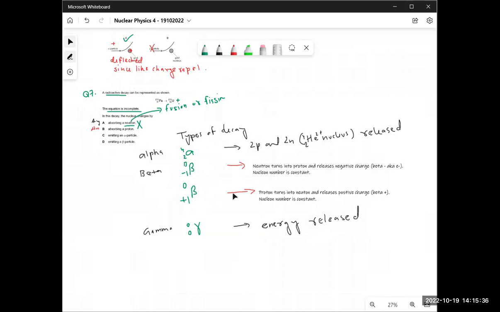Have you done the types of beta decay in school? No, we did beta decay, but we didn't do types of it. It's just a neutron turns into a proton and an electron is removed.